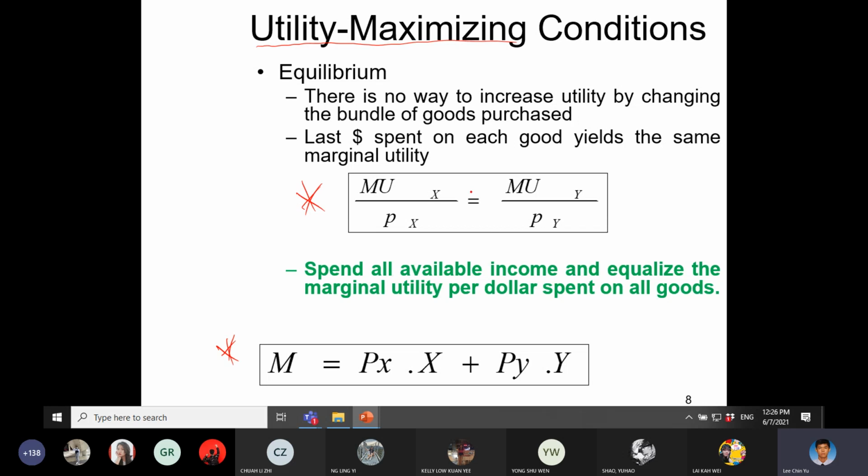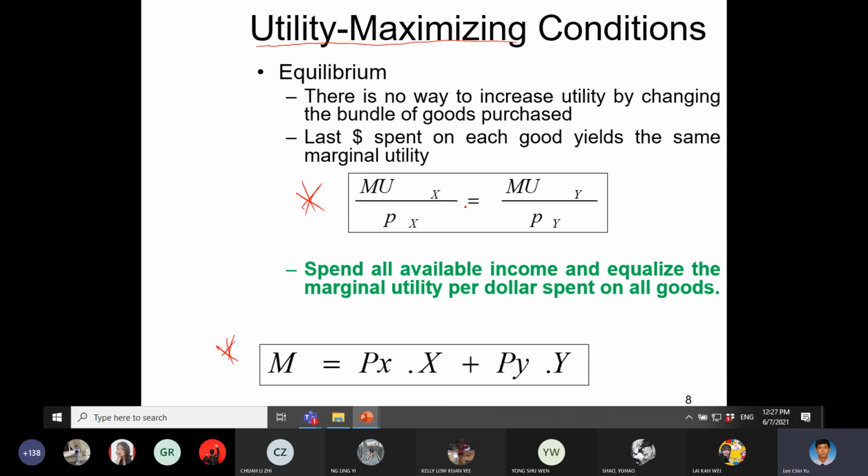You must remember, when you're analyzing more than one good, the price of the good can be different. So if you want to measure the marginal utility, it's quite difficult because they have different prices. That's why we normalize it by dividing by the price of the good itself, so that we can compare, let's say, 1 ringgit and 1 ringgit. So we can compare whether we achieve this condition or not.